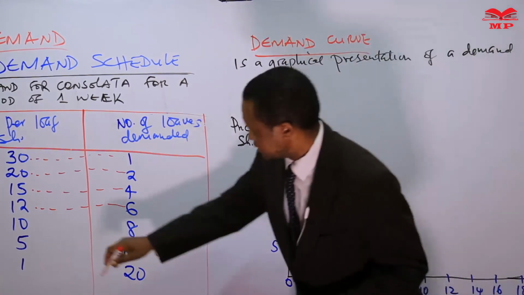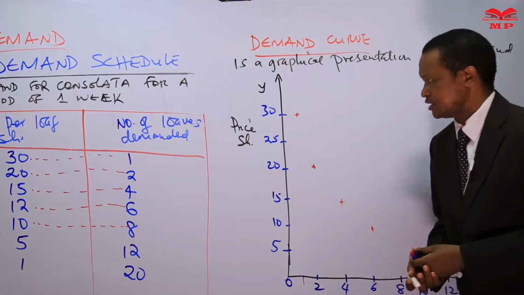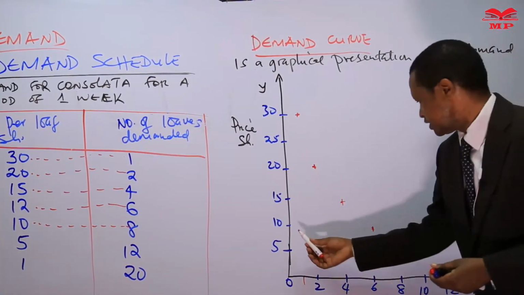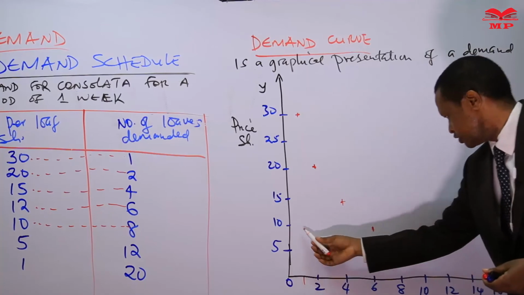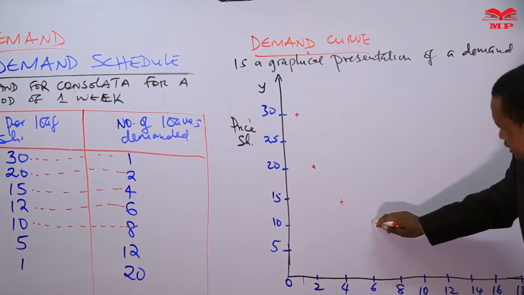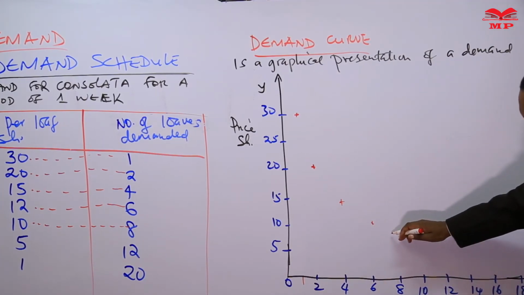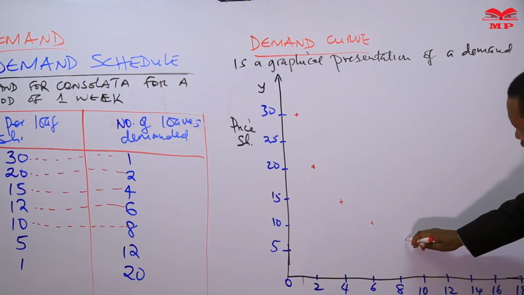Now we are talking about 10. When the price has gone down to 10, she buys 8 loaves. At 10 shillings, she will buy more bread because it's now cheaper. This should come here. When it is 10, she's buying 8 loaves.